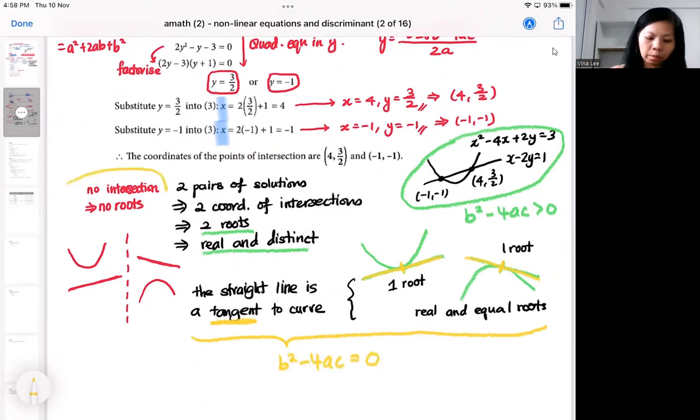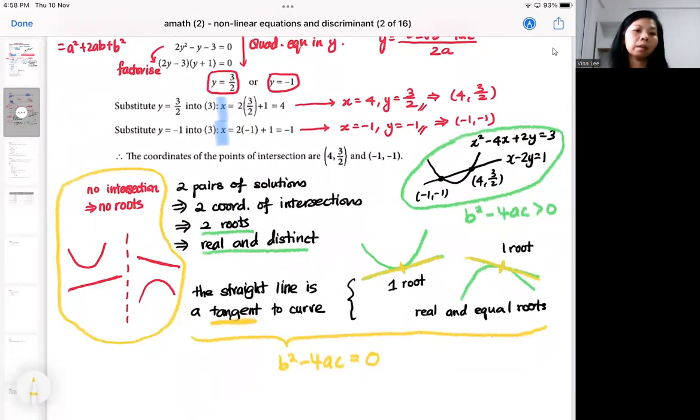And in the situation where the graph happens to be too high up above the straight line, or totally below the straight line, you end up with no roots. So no roots will correspond to a negative discriminant.